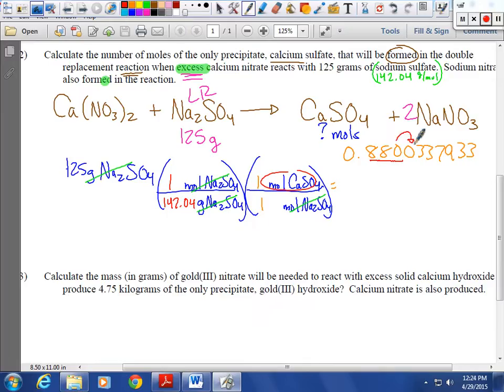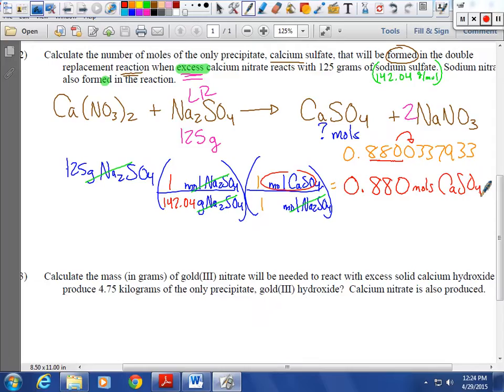Look right there. So what's your final answer got to be? 0.880 moles of CaSO4. A lot of people want to leave that 0 off. They're like, that 0 doesn't make any difference. It's not right. It technically does, it's making it more accurate. Everybody good on that? Okay.